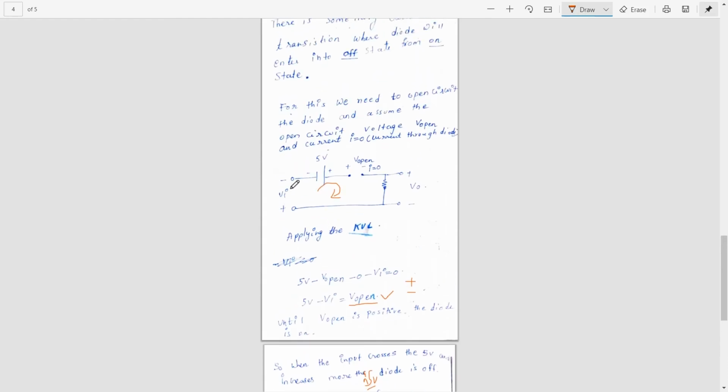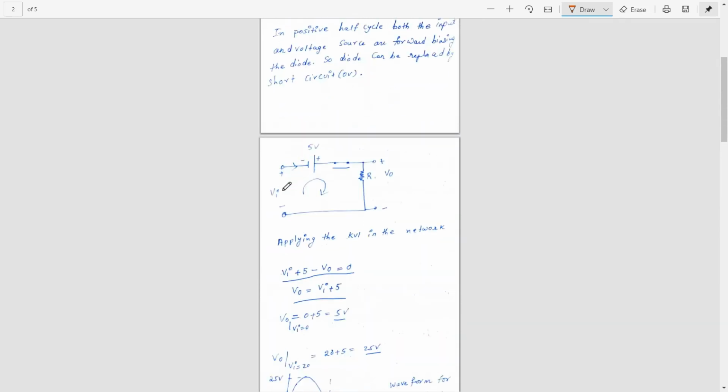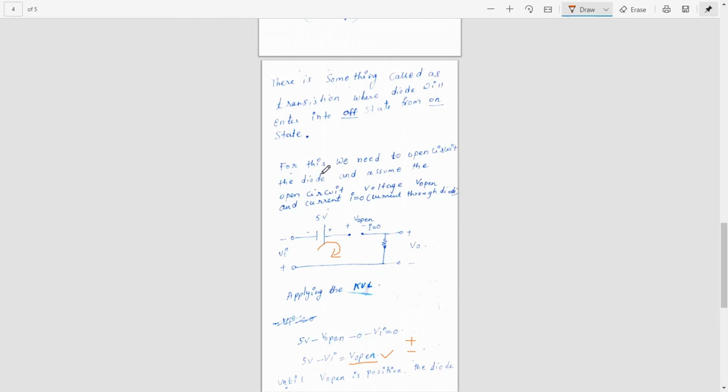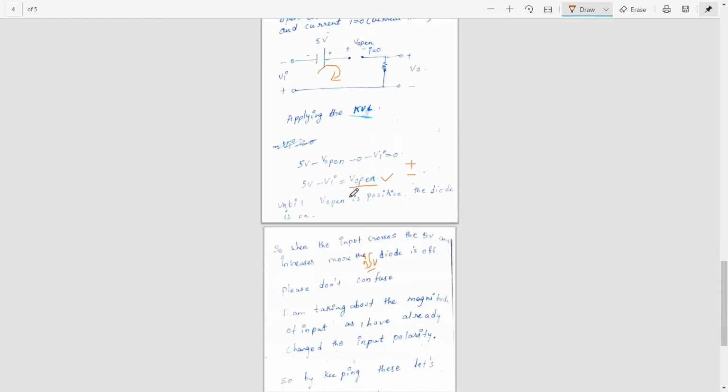Now we have changed the polarity over here. Here it is minus plus and here it is plus minus. When you have changed the polarity, you just need to take the magnitude. If you haven't changed the polarity even in the second half cycle, then you can take the input voltage to be negative. That's a confusion which will arise when applying the analysis in the negative half cycle.